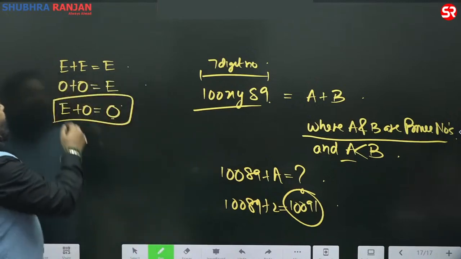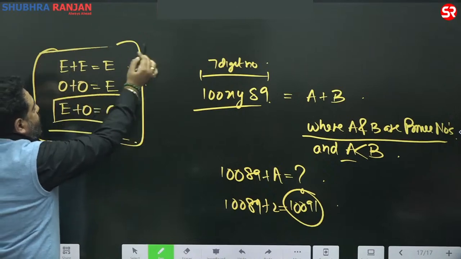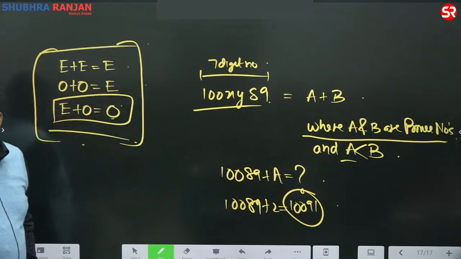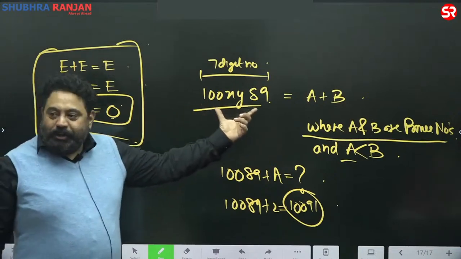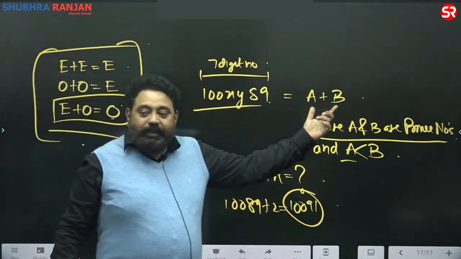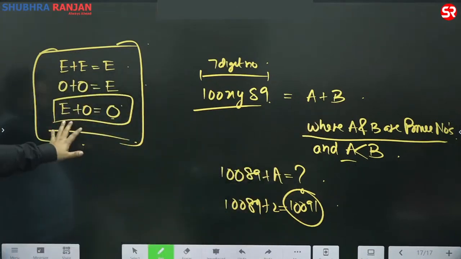Actually, this has come in data sufficiency, so kindly mark it. This is important. This concept was used in data sufficiency last year. As soon as I get an odd number as a sum of two numbers, one has to be even, one has to be odd.